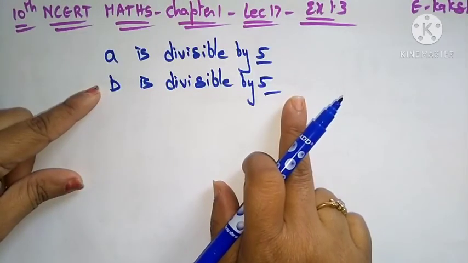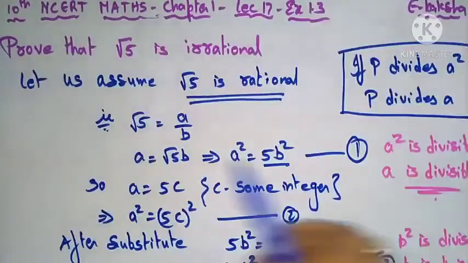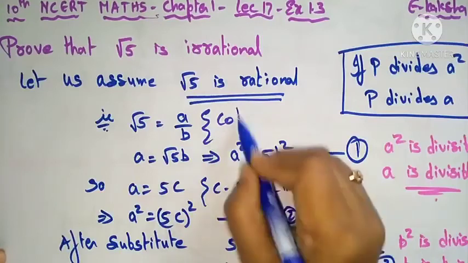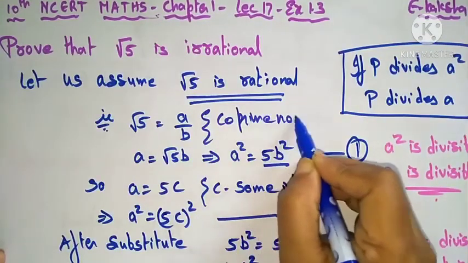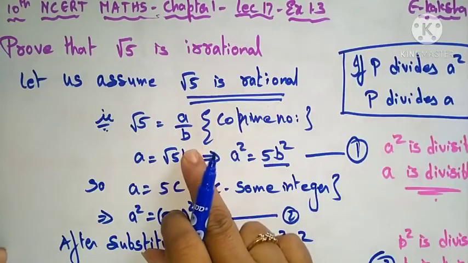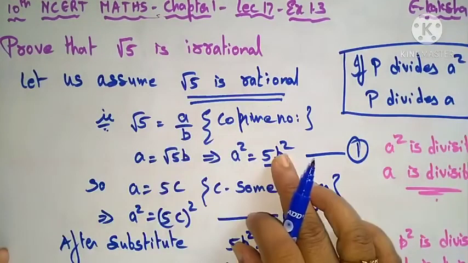But according to our rule, root 5, which is equal to a by b, is assumed to be co-prime numbers. Actually, in the integers, if you strike off the common factors, then those numbers become co-prime numbers.